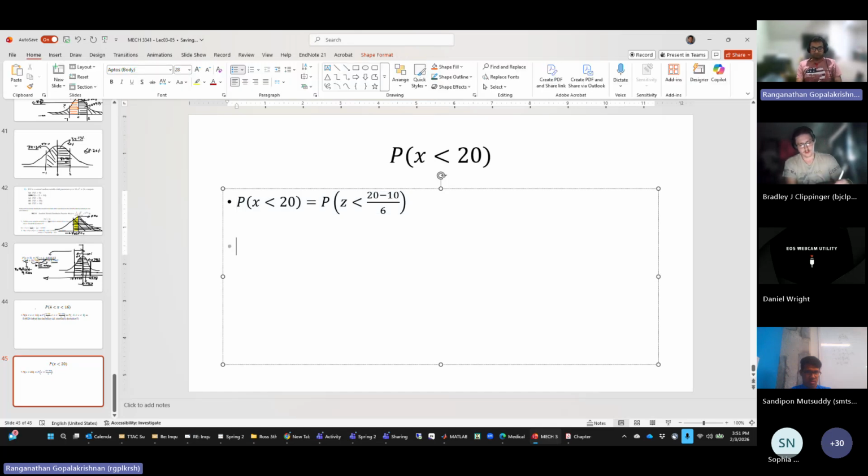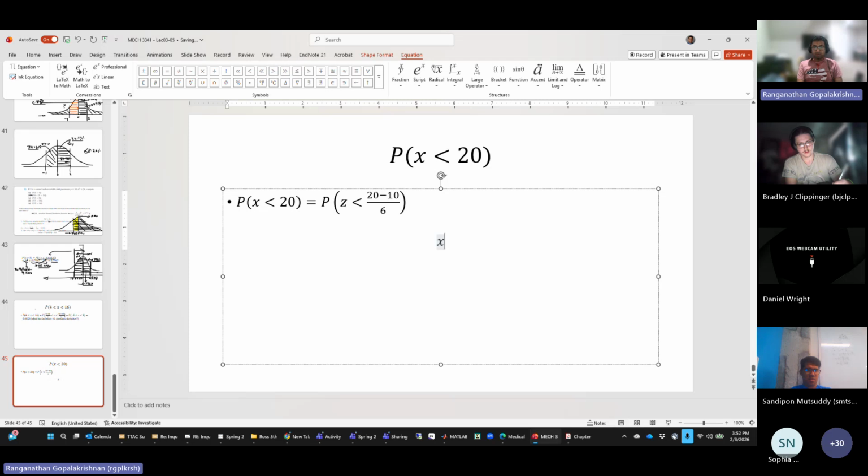For those who are a little bit lost, I'll do this very simple step here. X less than 20, right? Let's subtract mu from both sides. X minus mu less than 20 minus mu. You'd be cool with that, right? Just subtracting the same number from both sides of the inequality.